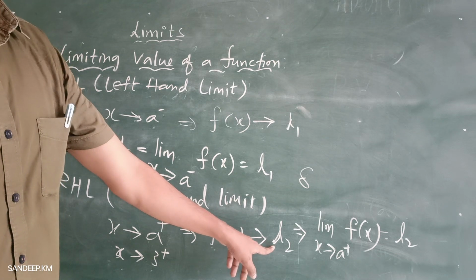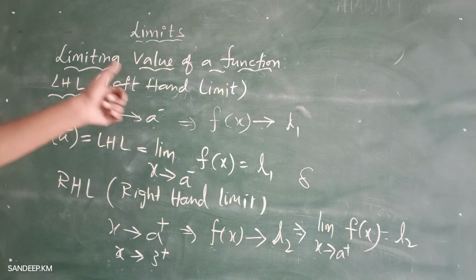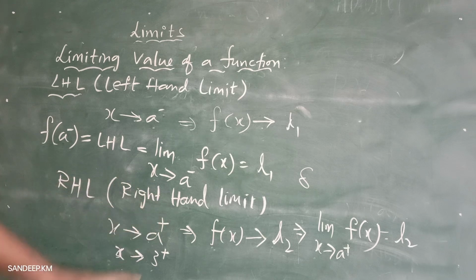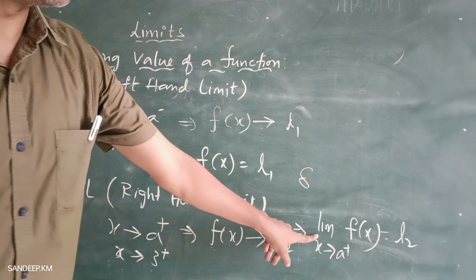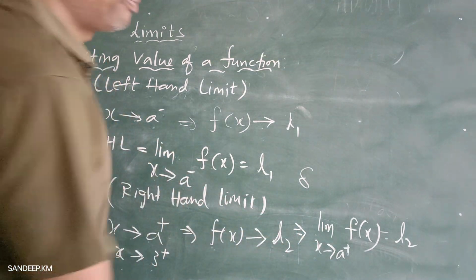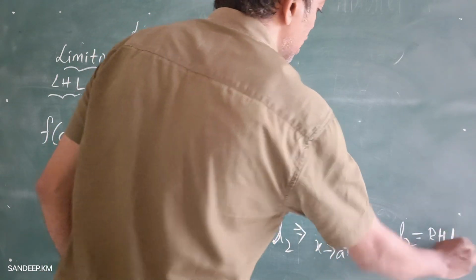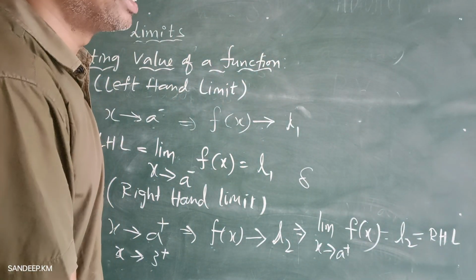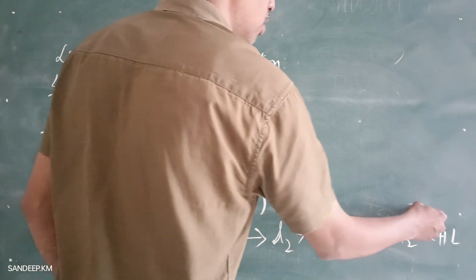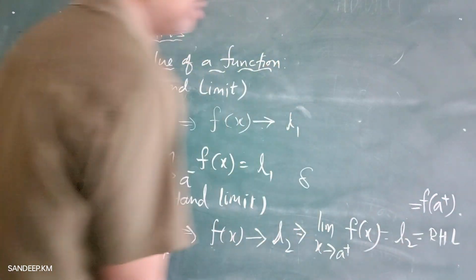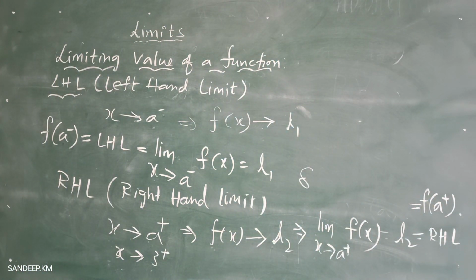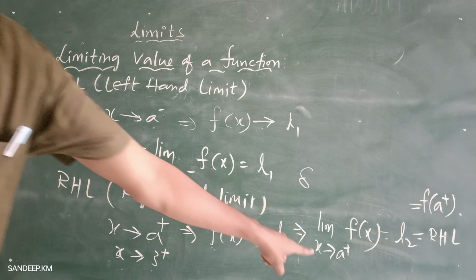We will have examples to understand LHL and RHL better after this. This is called the right hand limit, and we represent it as RHL. Sometimes instead of the word RHL, we can also call it f of a plus. So this is LHL and this is RHL.